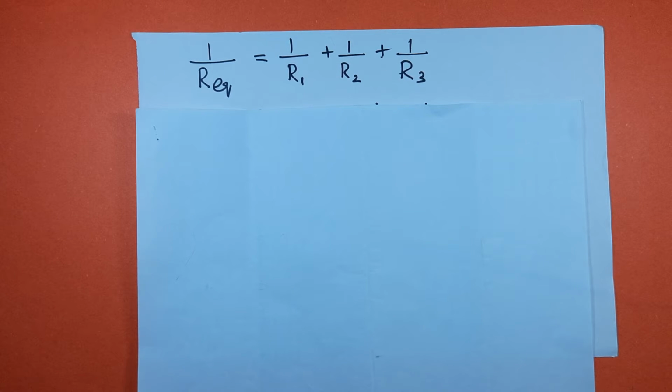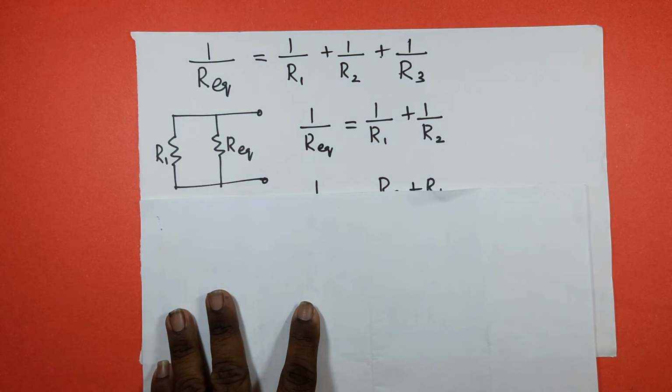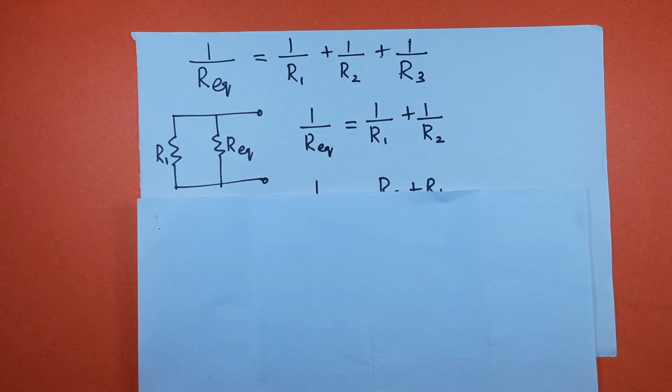But normally when we want to solve problems, we take two resistors at a time and find the equivalent resistance of two parallel connected resistors. That is easier for problem solving. Suppose we have two resistors connected in parallel.